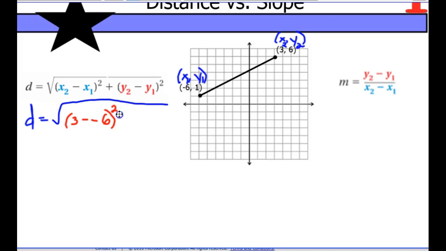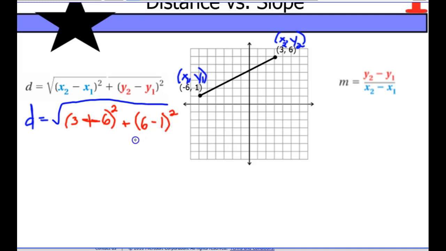Now we put a squared sign there. Now if we have two negatives in a row, we can make that positive. Now we're going to add y2 minus y1. y2 is 6 minus y1, we said was 1. And then we have a squared sign on top of that.